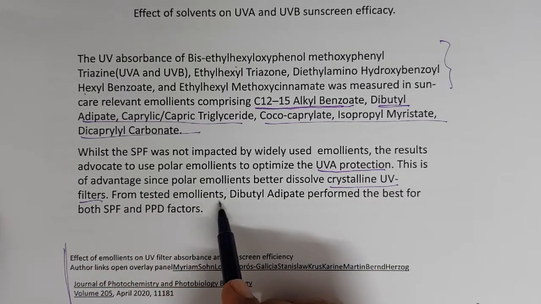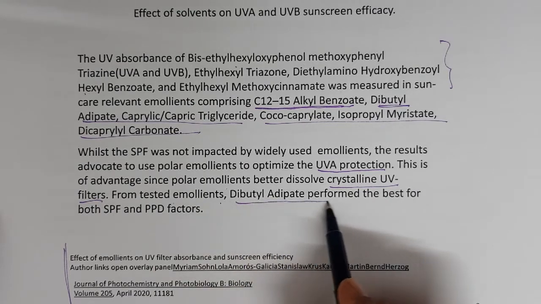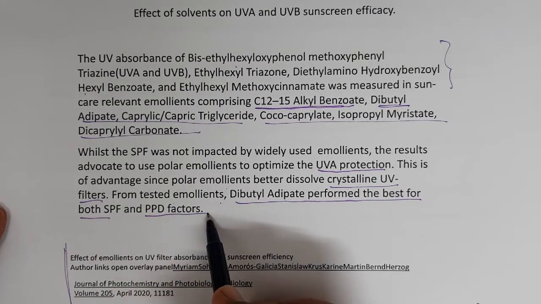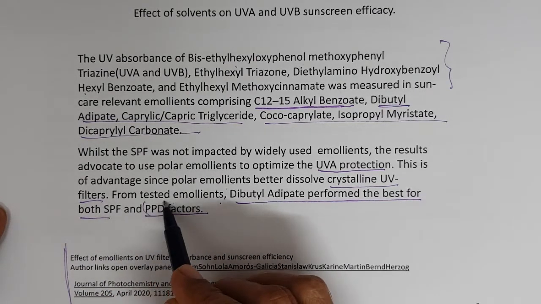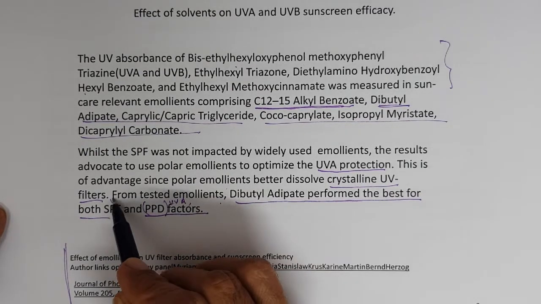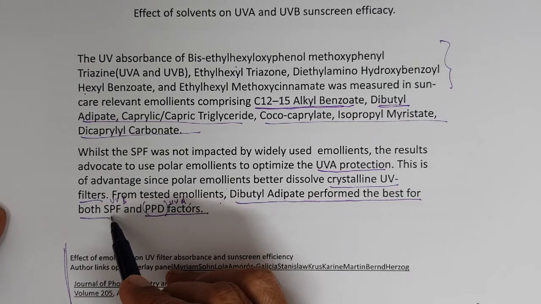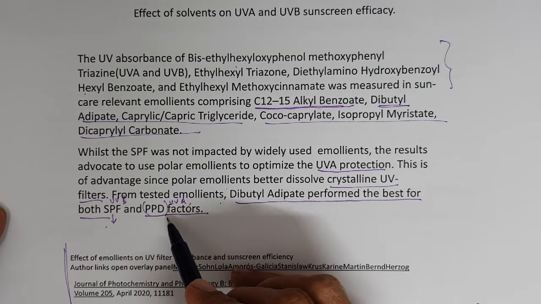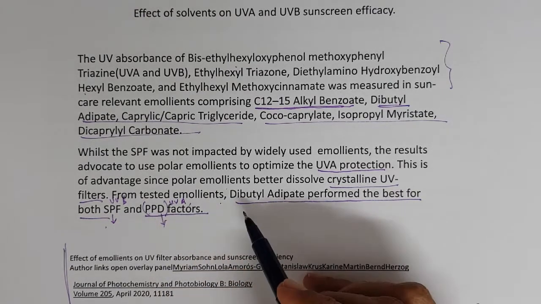From tested emollients, dibutyl adipate performed the best for both SPF and persistent pigment darkening. This is almost UVA and this is UVB, because UVB protects the skin from sunburn, UVA protects from suntan, so persistent pigment darkening, right?